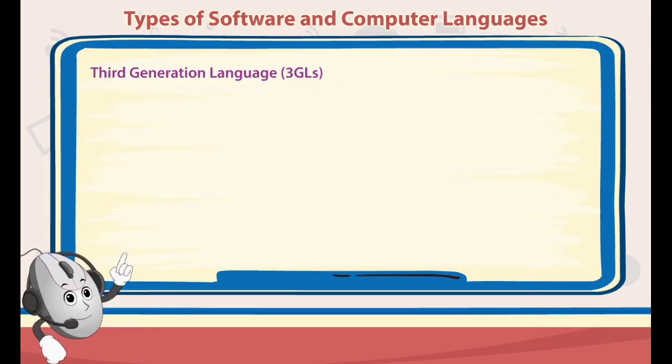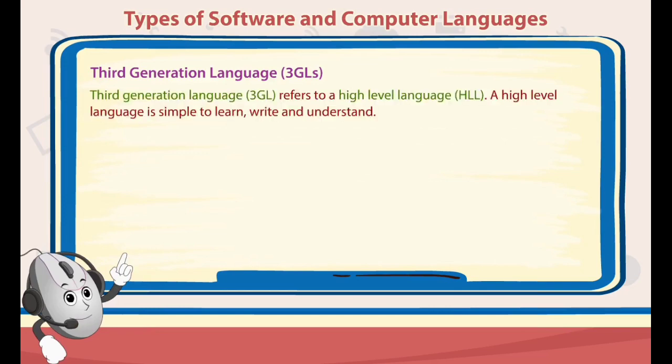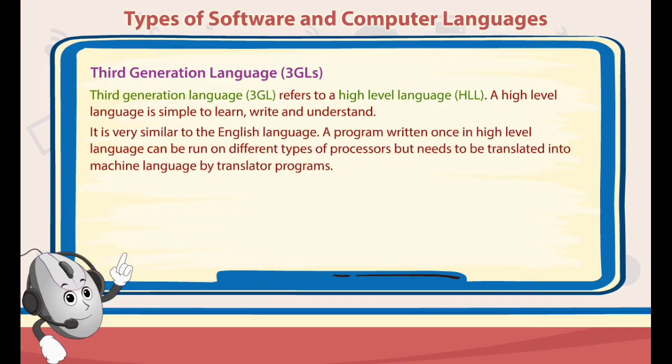Third generation language 3GLs. Third generation language 3GL refers to a high-level language HLL. A high-level language is simple to learn, write and understand. It is very similar to the English language.